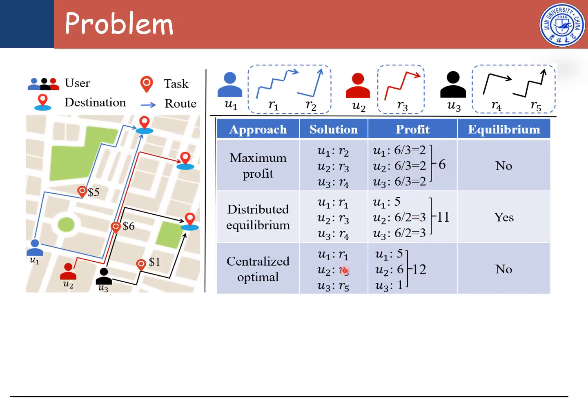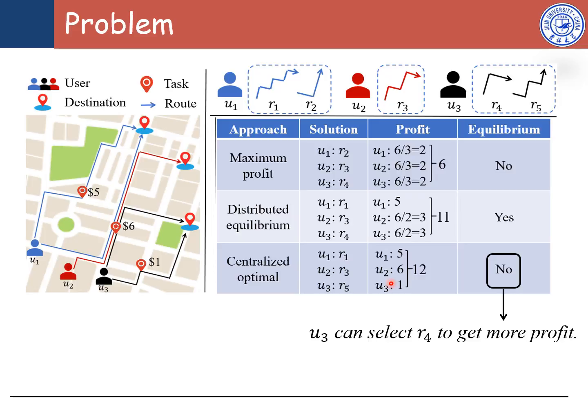An ideal approach is centralized optimal. It achieves the highest total reward, but it does not reach an equilibrium state because the third user can select the fourth route to get more profit.